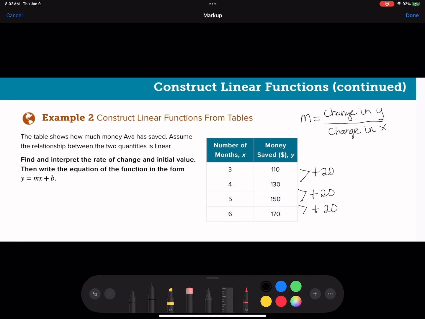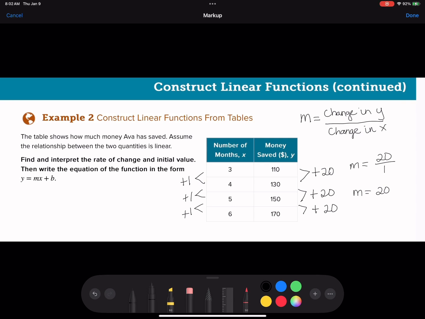On the x side, which is our months, I'm seeing that it goes up constantly by 1. So what this means is that our rise over our run, the change in the y value, is 20, and that goes over 1. Or we could just say our slope is 20.